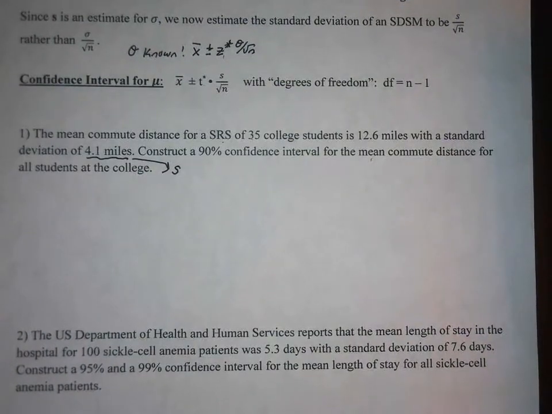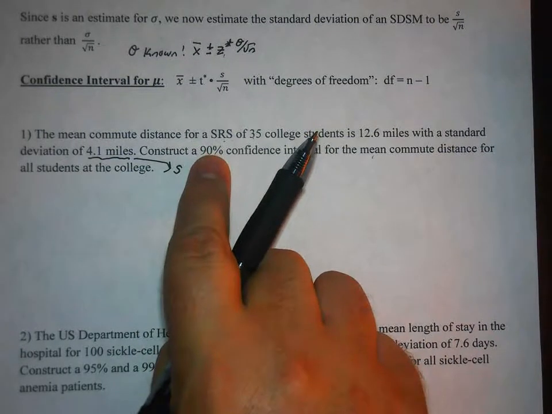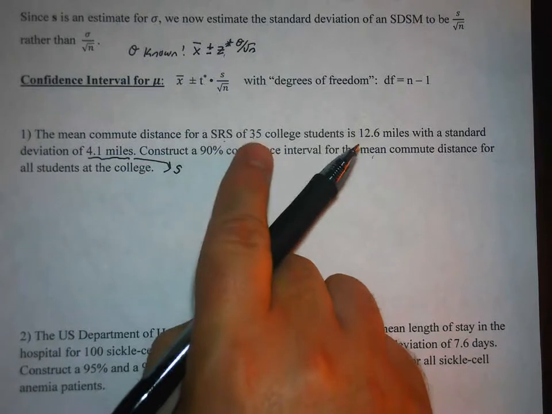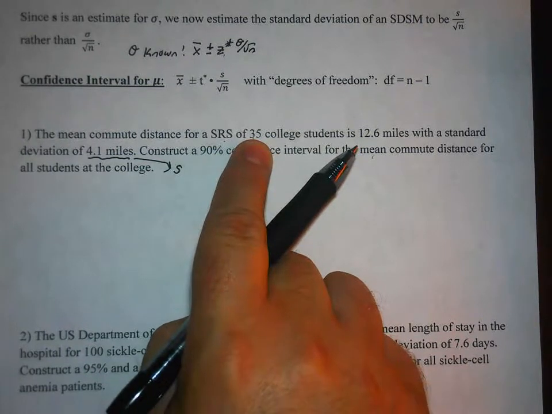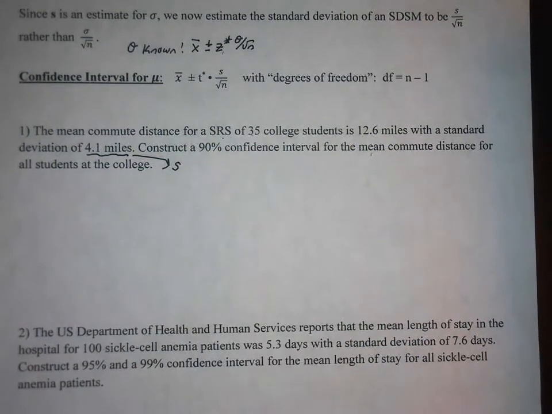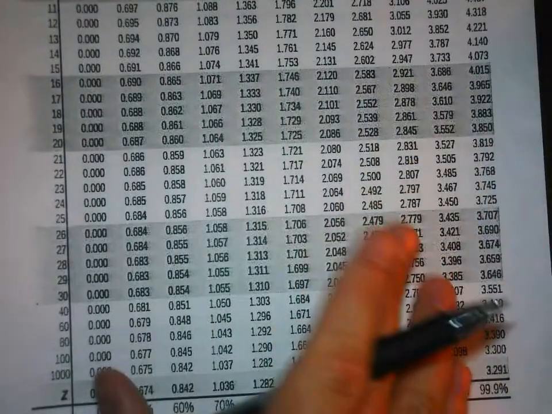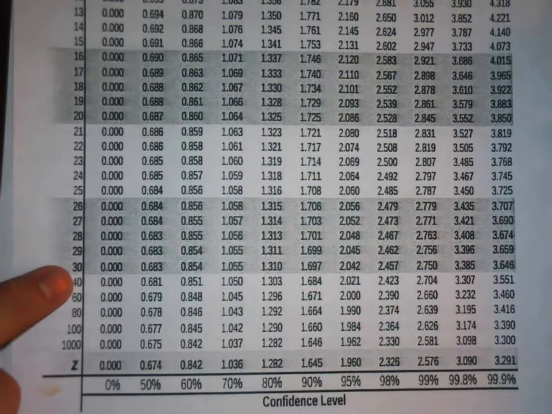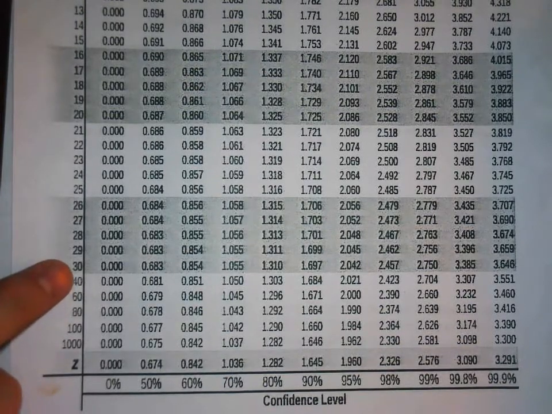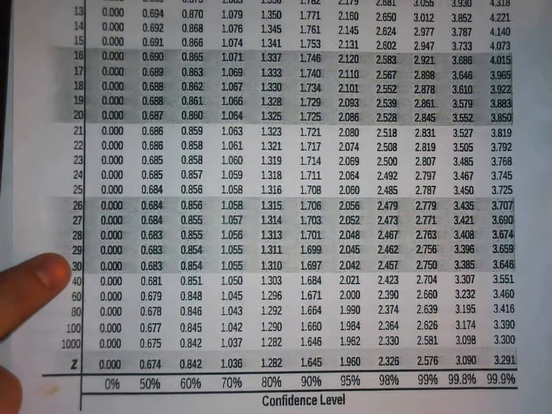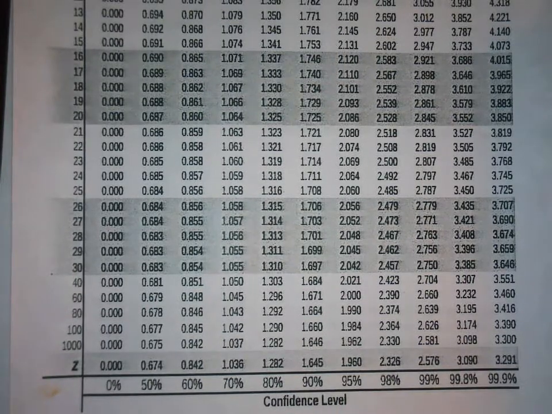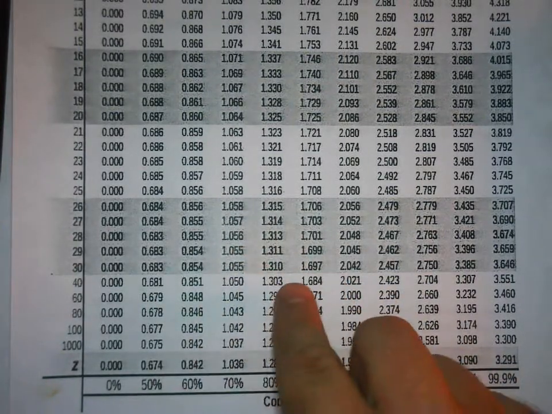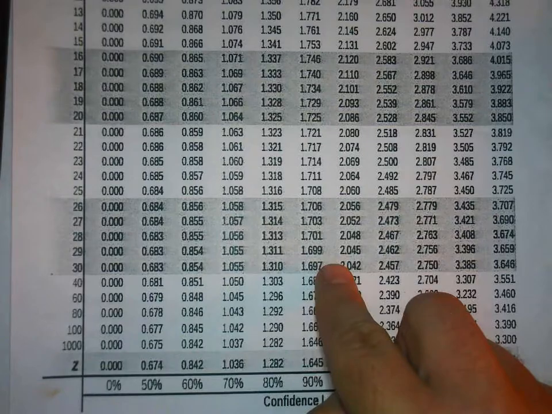Okay, so we have to look up the t star value with 90% confidence with 34, because n minus 1, degrees of freedom. So when we try to find 34 in our table, well, that's between 30 and 40. So you go to the smaller degrees of freedom because that allows you to be more conservative, basically resulting in a larger t star value.